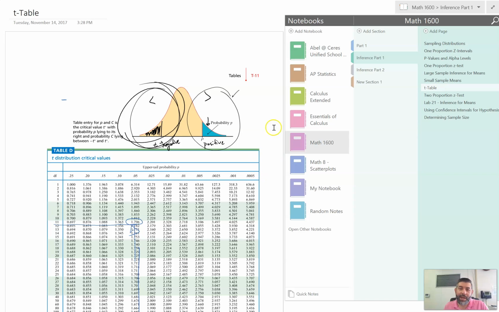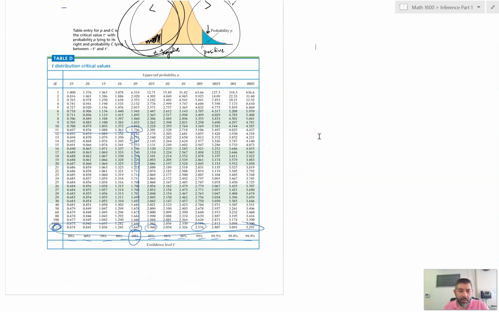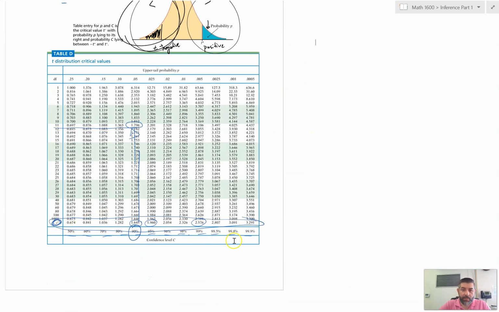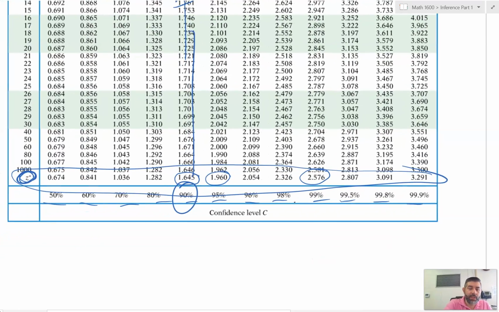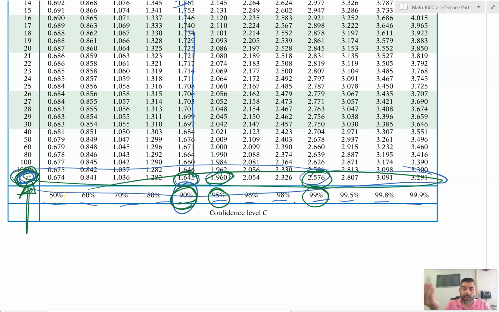I know it's a T table, but you can look on the T table. See down here, let me zoom in. On the bottom of a T table, where it says Z star right there. Okay, Z star, and then you just go to your confidence level, and there's 1.645. Hey, that's what I said, right? 1.96 goes with 95%, 2.57 with 99%. So that way you can find your Z star for whatever you need for your problem.